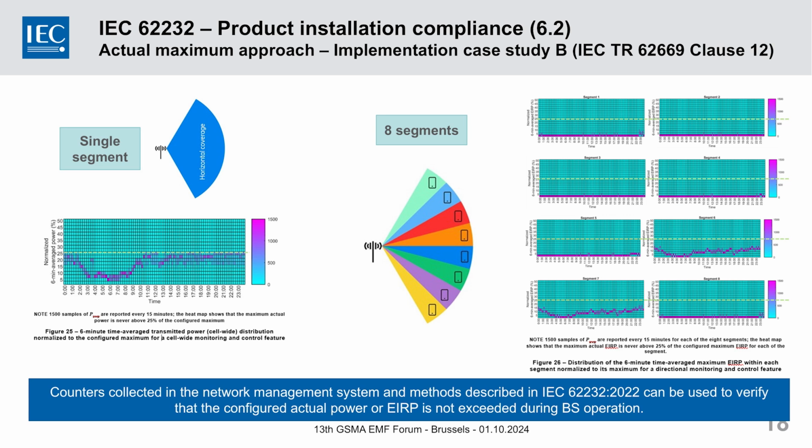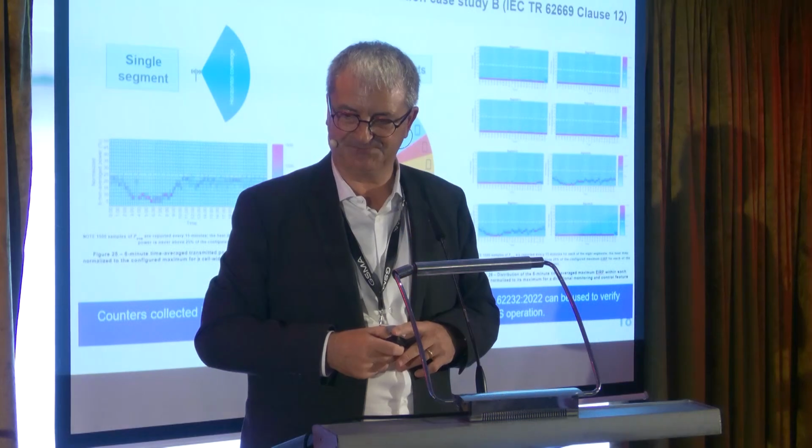And you see on the right side, the dotted line is a 25% limit, 6 dB. And we observe that on each segment, so each graph on the right is one segment, during the recording period, the 25% threshold was never exceeded.